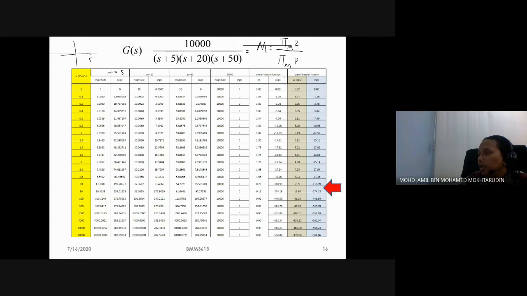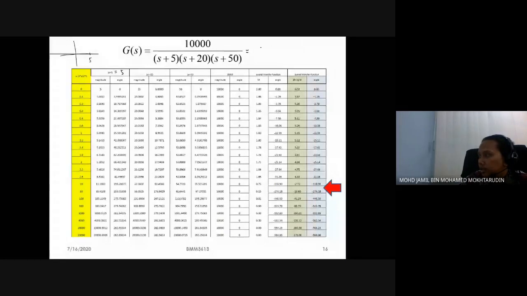And then for the angle, theta equals the sum of the angles of the zeros minus the sum of the angles of the poles. So this one I think you can refer back to the root locus notes, notes 4a.